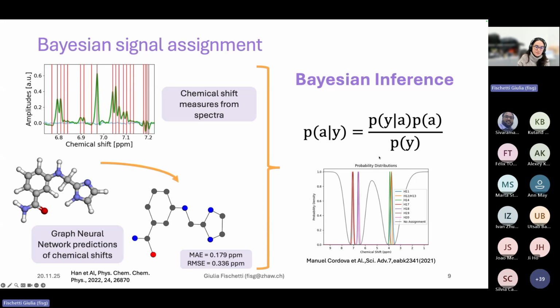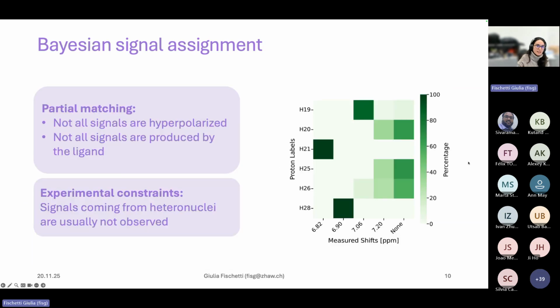And at the same time, we also needed to impose some prior on such probabilistic matching, a prior on the assignment. In this case, we wanted the resulting assignment to be a partial matching, because not all the signals that we observe in the experimental spectra are actually hyperpolarized.